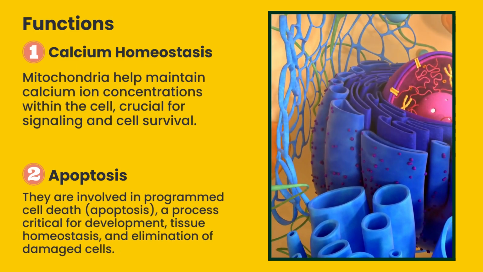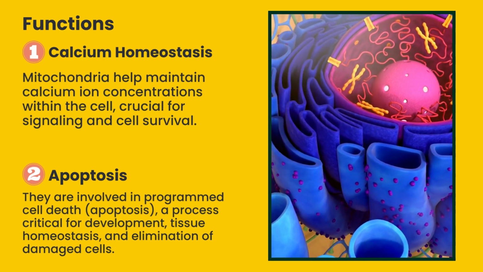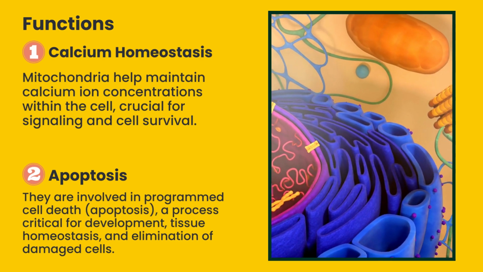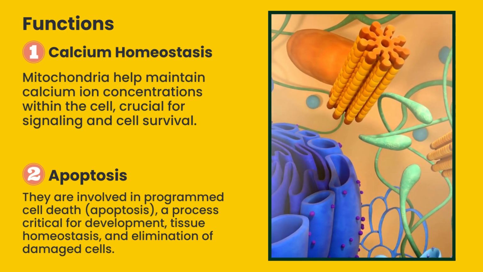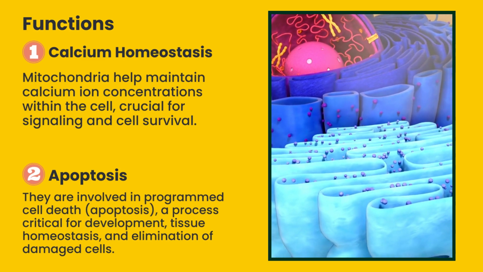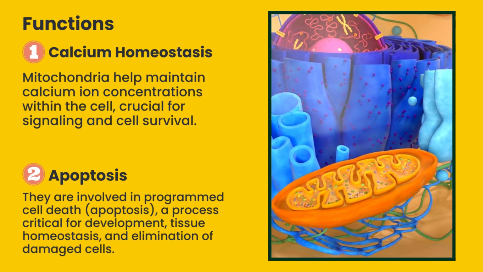Calcium homeostasis is another function which helps maintain calcium ion concentrations within the cell, crucial for signaling and cell survival. Apoptosis: mitochondria are involved in programmed cell death, a process critical for development, tissue homeostasis, and elimination of damaged cells.